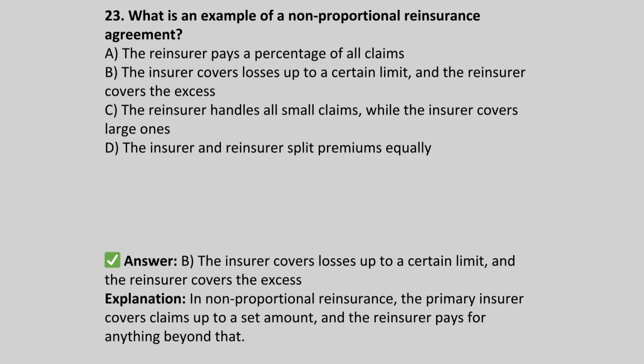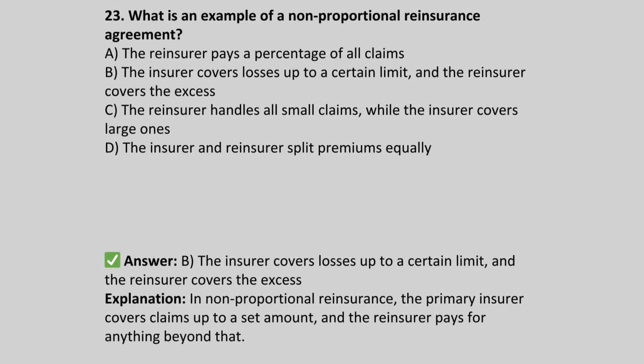What is an example of a non-proportional reinsurance agreement? A. The reinsurer pays a percentage of all claims. B. The insurer covers losses up to a certain limit, and the reinsurer covers the excess. C. The reinsurer handles all small claims, while the insurer covers large ones.